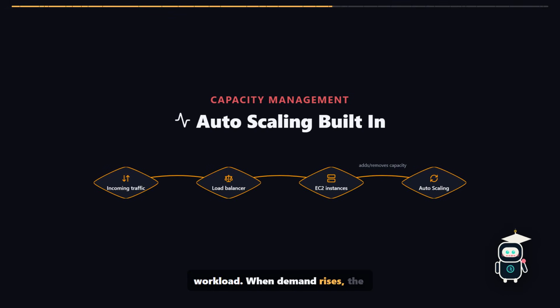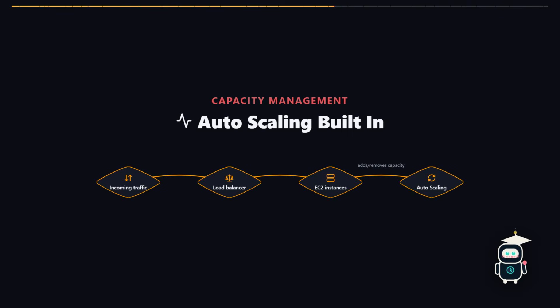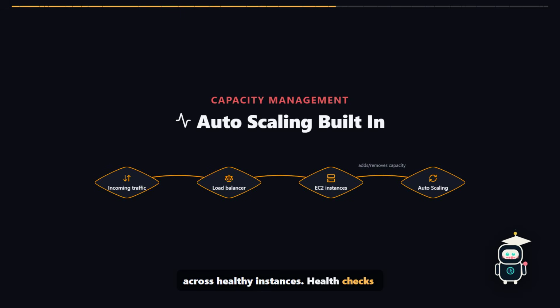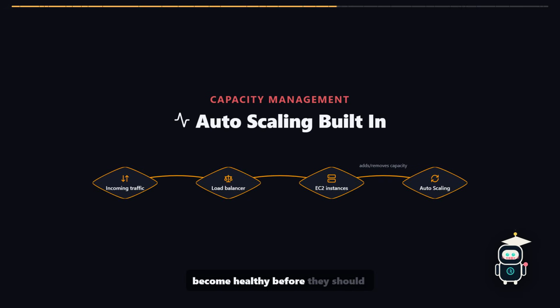When demand rises, the auto scaling group can add instances. When demand falls, it can remove instances while respecting the minimum capacity you set. The load balancer routes traffic across healthy instances. Health checks matter because new instances must become healthy before they should receive application traffic.